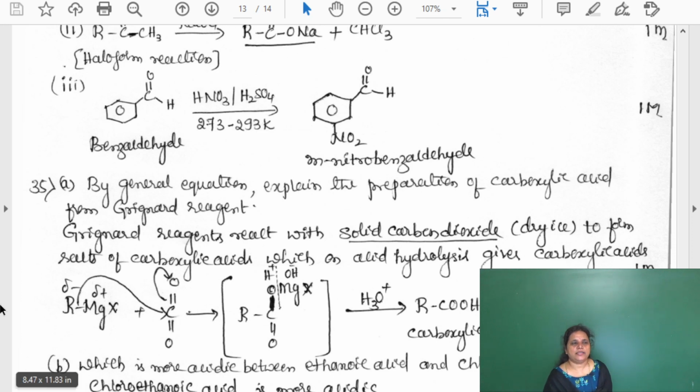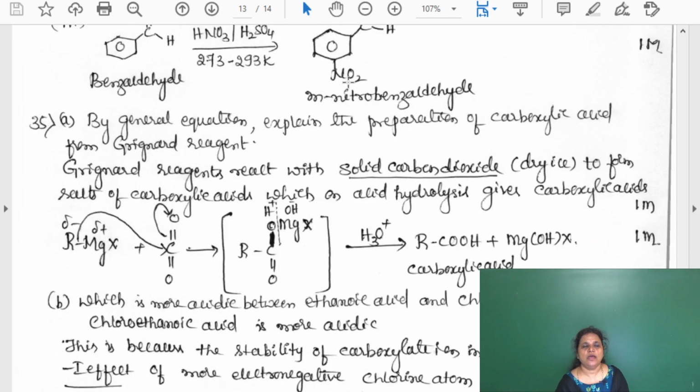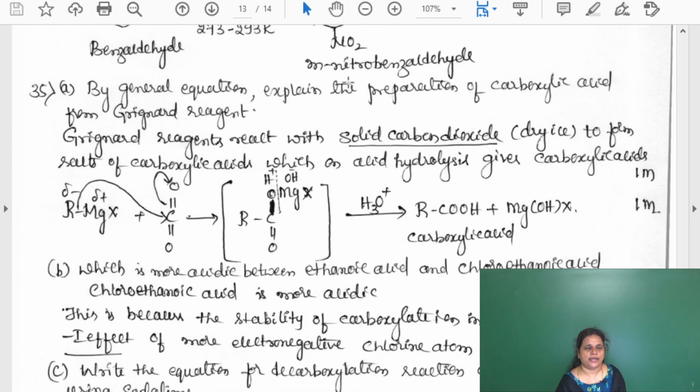Since it is a meta-directing compound, it gives meta-nitrobenzaldehyde. If you write a NO2 group at another position, then it is wrong. This is the meta position. Therefore, meta-nitrobenzaldehyde, because CHO group is meta-directing, and that carries 1 mark.